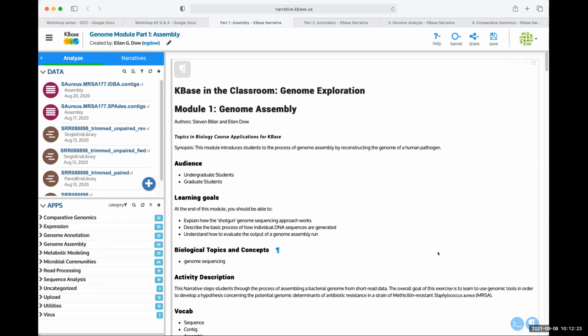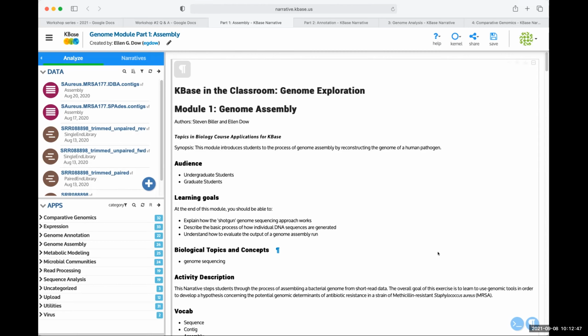So this genome exploration module comes after a section of the lecture portion of the class where I introduce the concept of how we sequence genomes, how we interpret genomes, and give a very high level overview about how that works. That's more in the context of human genomes.